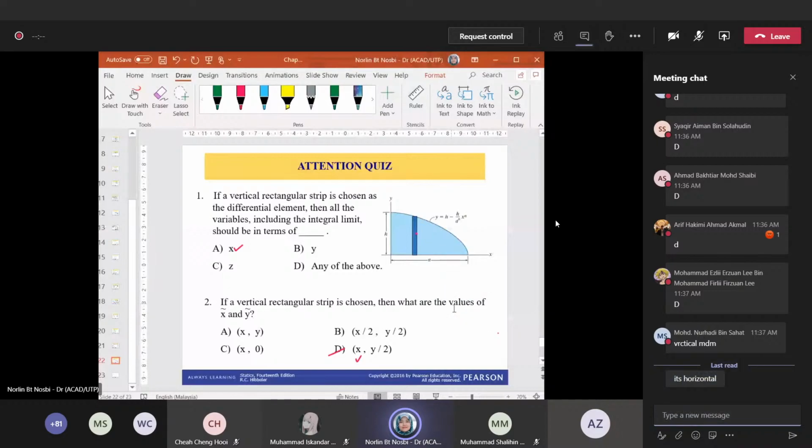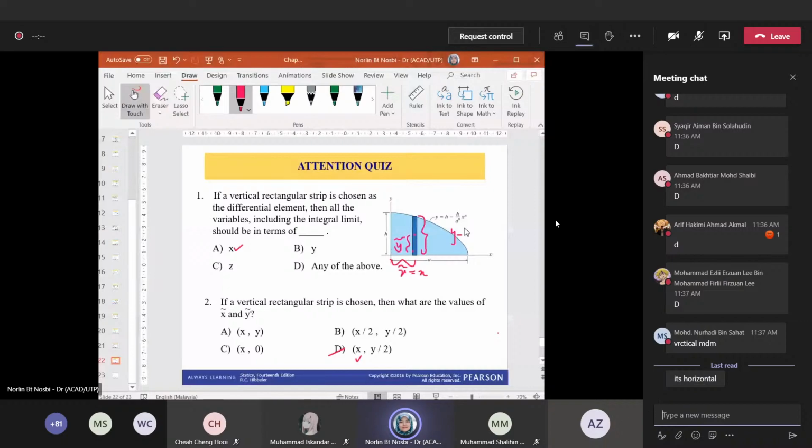This one is vertical. The center point is here, so from this point until here is x tilde. Because there is no form or shape that can change the center, we name it x. For y, it is half of this whole rectangle. So this one is y tilde, equal to y minus half of y, so half of y. So it would be D.